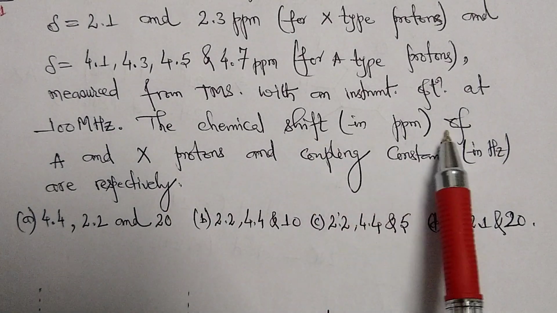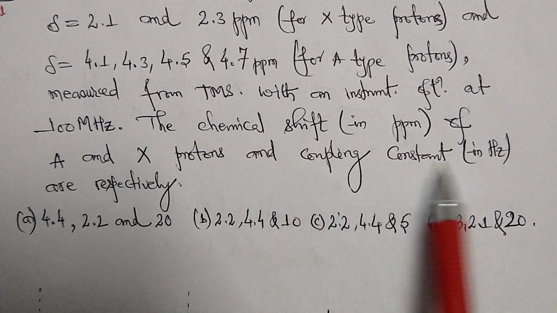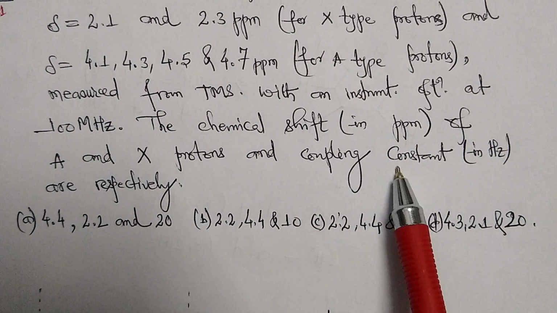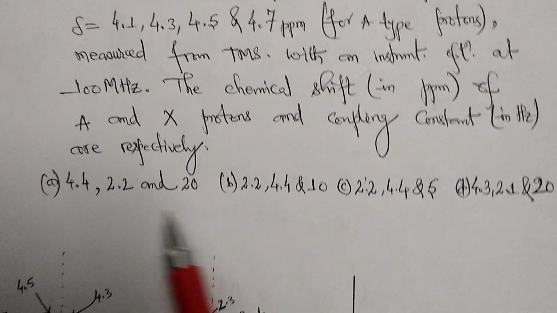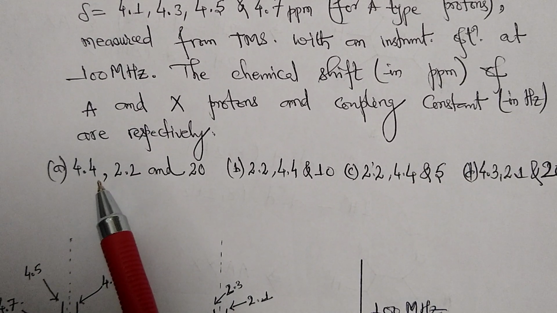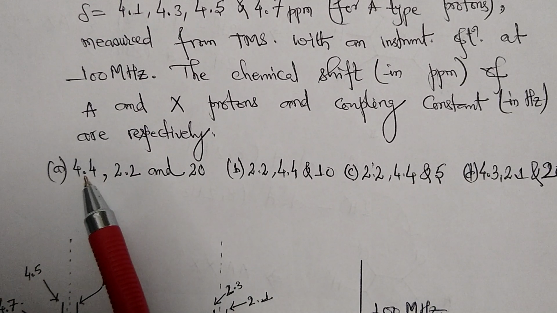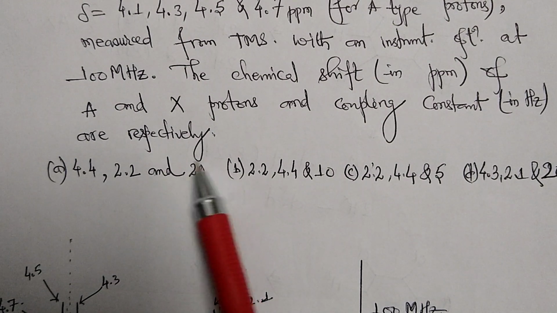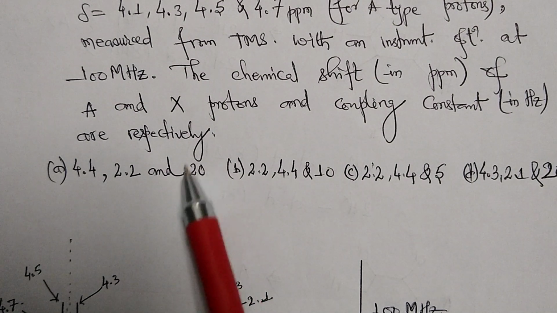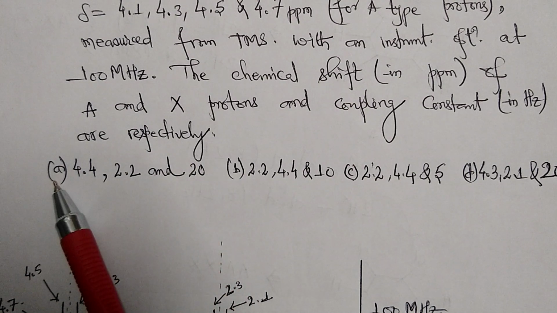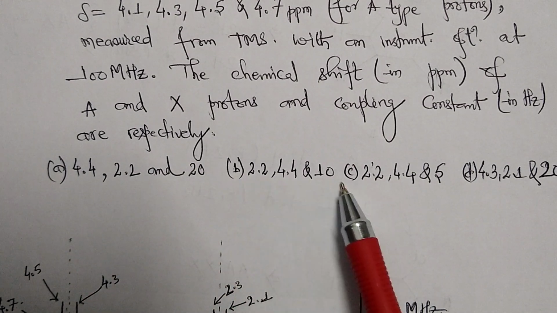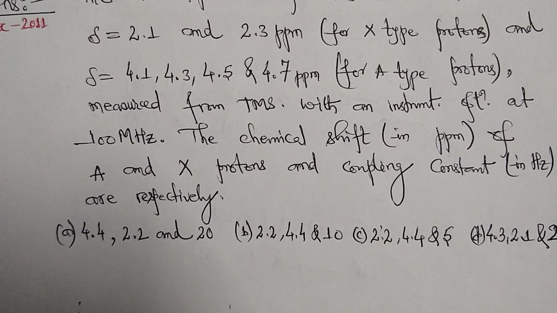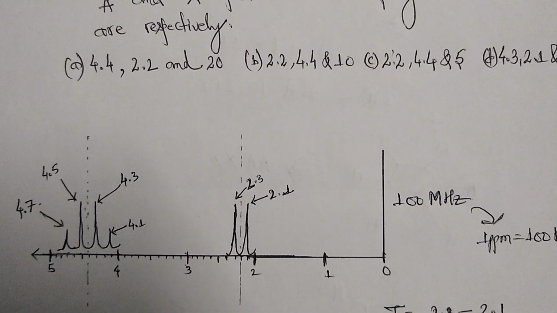The chemical shift in ppm of A and X protons and the coupling constant in Hz are, respectively, what? We need to find the chemical shift in ppm and the coupling constant in Hz. They have given chemical shift values 4.4 and 2.2 with coupling constant value 220 for option A. Likewise in option B we have different values. So with that we will move towards the question to find our answer.